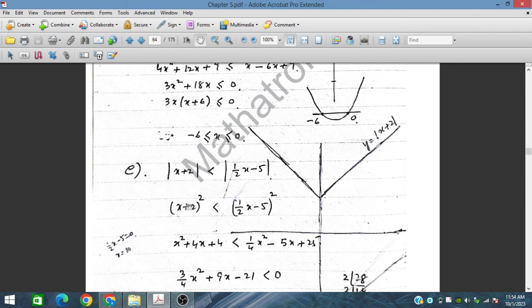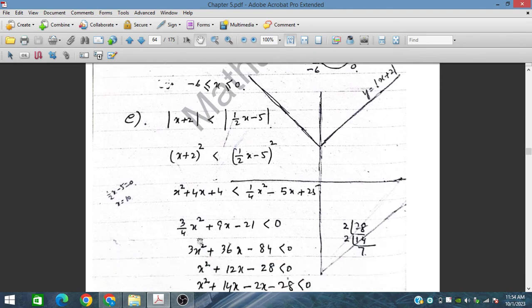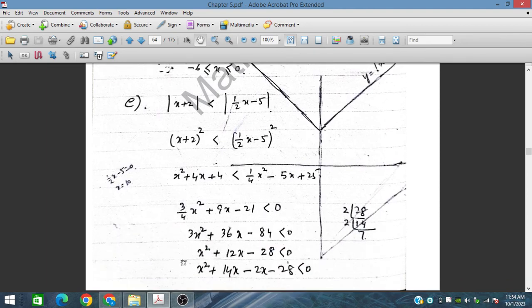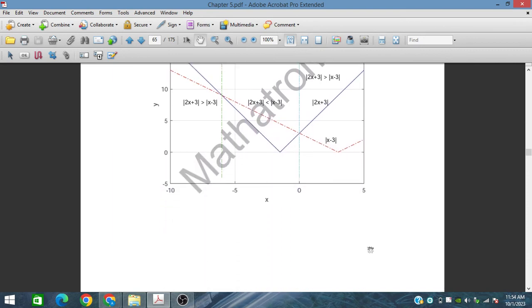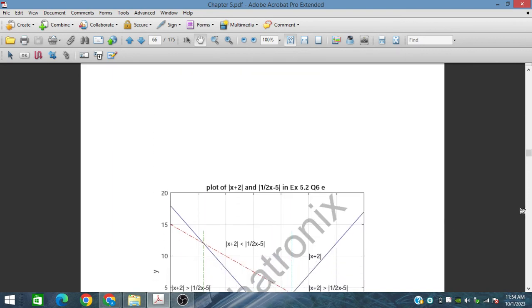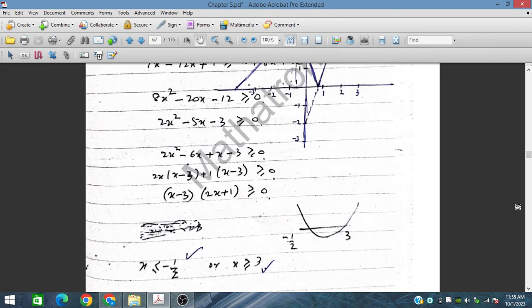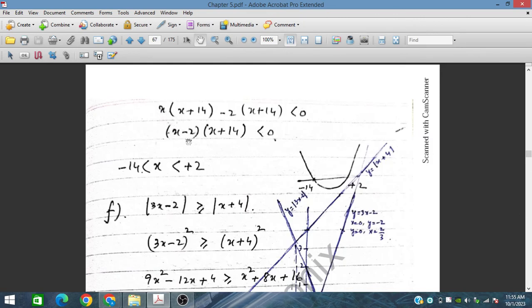Let's take the square on both sides and solve this. We have obtained this, and finally we have obtained this. Now factorize it, and as a result of this factorization we have (x - 2) and (x - 4). So minus 14 and plus 2 are the two critical points.